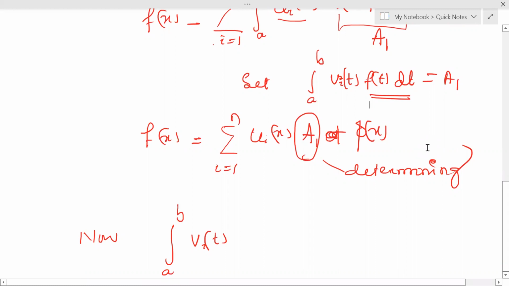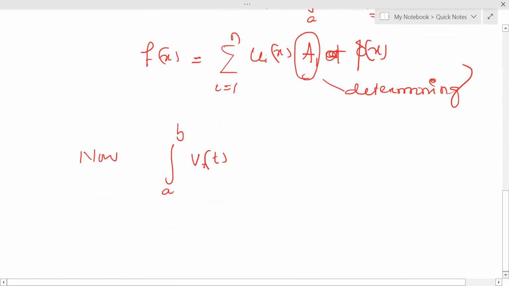You can substitute t in the formula for f(x).